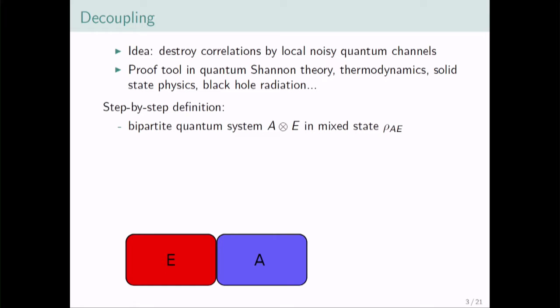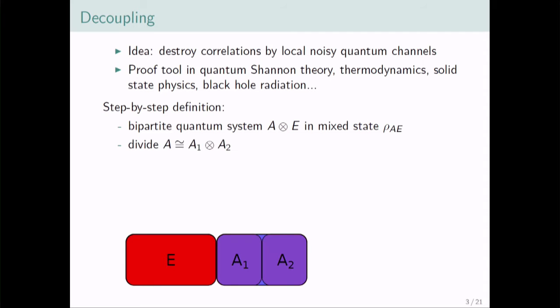So if we look at the details, it's maybe very instructive to explain the exact protocol in this pictorial way. We start out with the bipartite quantum system that has two parts, A and E. And this bipartite quantum system is in some mixed state, rho AE.